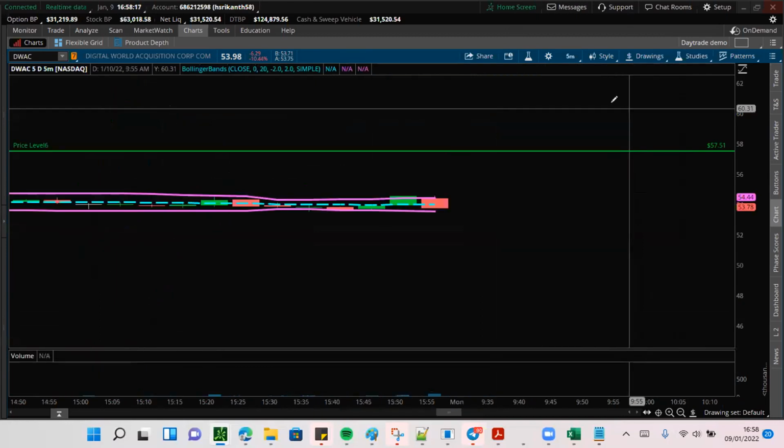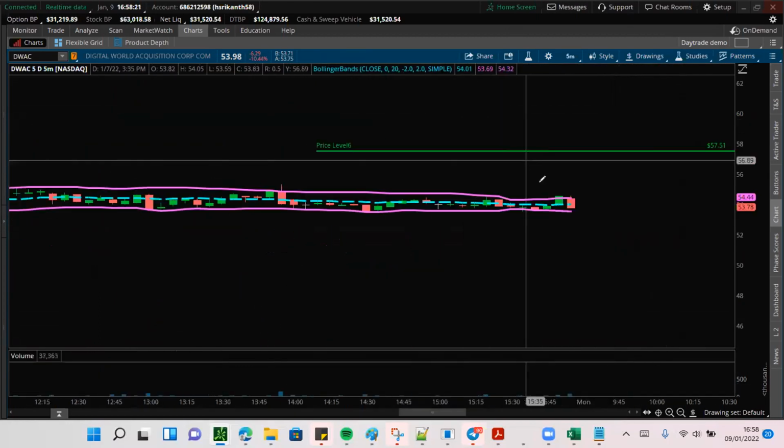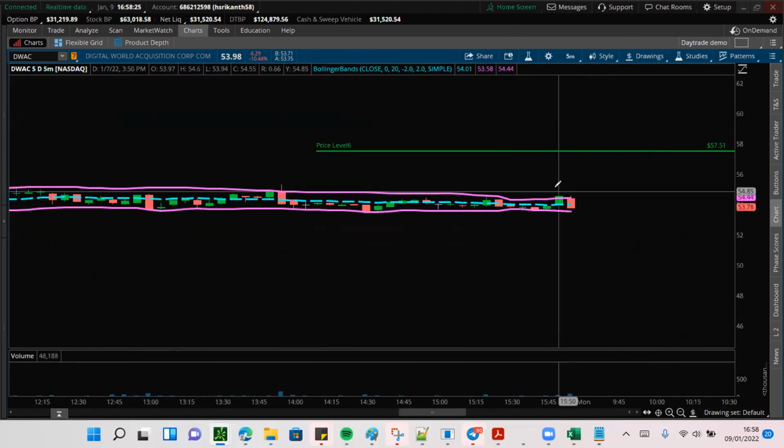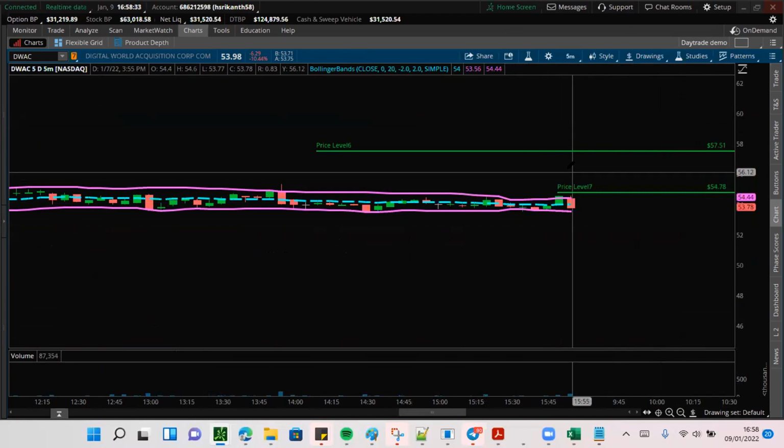See right now what's happening with DVAC, the stock is trying to stay in between the Bollinger Bands. So as long as it breaks above this level, let's say 55, let's think that the stock is breaking above 55 and I wanted to buy 100 DVAC stocks.